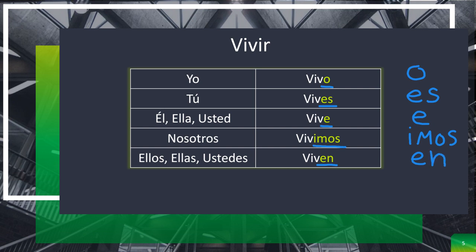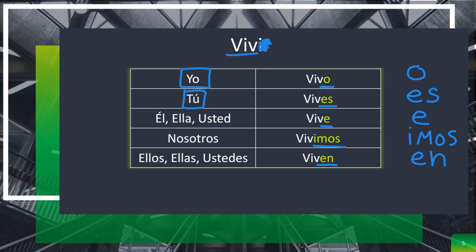For a verb that ends in IR, like vivir, you're going to do just like you did for AR and ER verbs. You're going to get rid of the ending. You're going to take off the IR and just find the root, VIV, and then you're going to match it to your subject. So for yo, you're going to add an O on the end, so you end up with yo vivo.